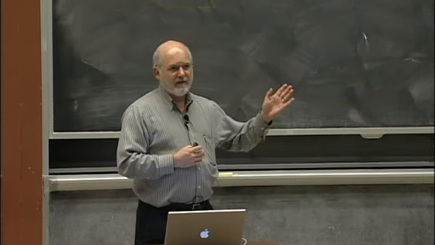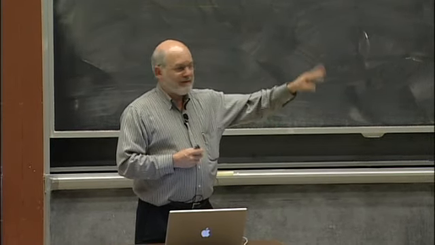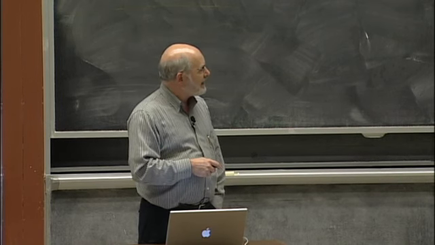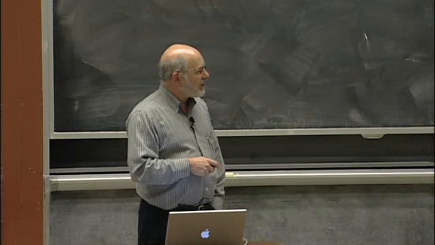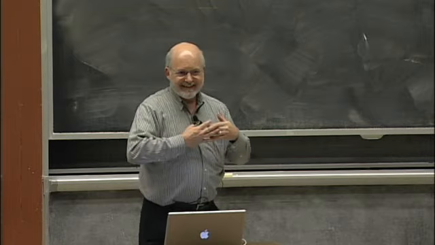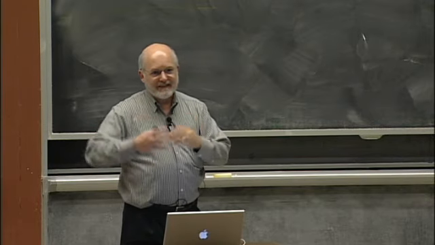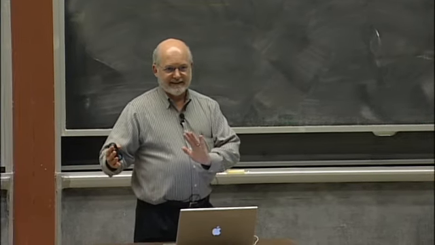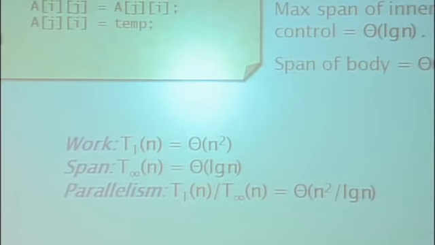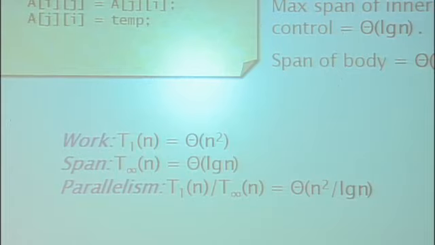But with parallelism, yes, it's good to minimize your span, but you don't have to minimize it extremely. You just have to get it small enough. Whereas the work term, you really want to minimize, because that's what you're going to have to do even in a serial implementation.